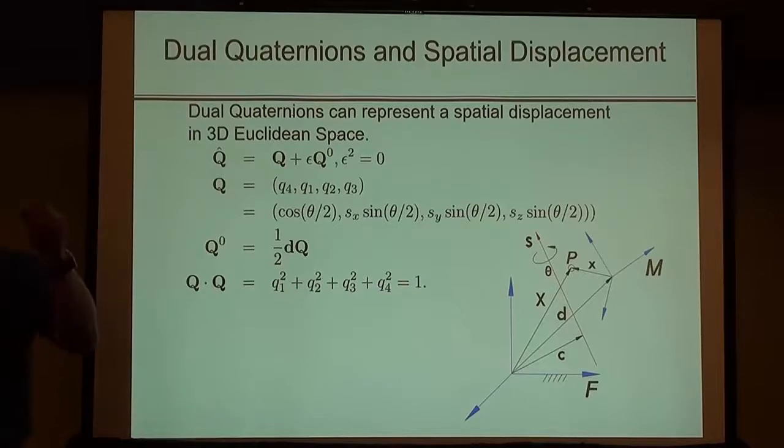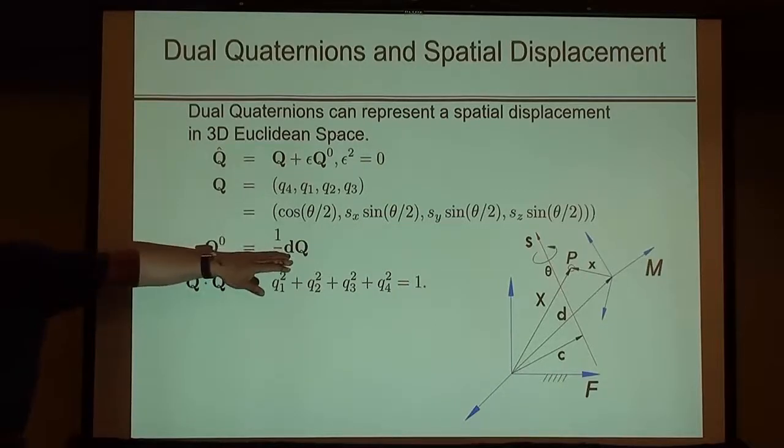And guess what the Plücker vector is? First one is a unit vector defining the direction of the line. Second one is you pick any point on the line, you cross that unit vector, and that will give you the second half of the Plücker vector.